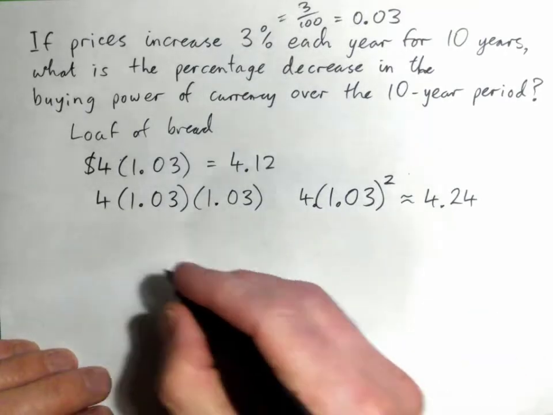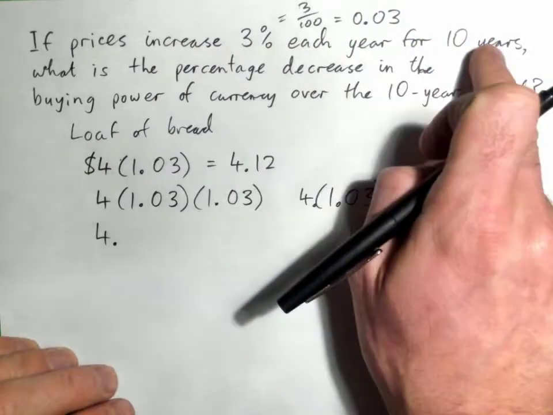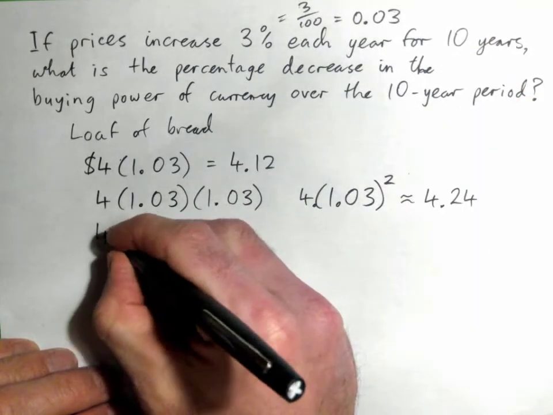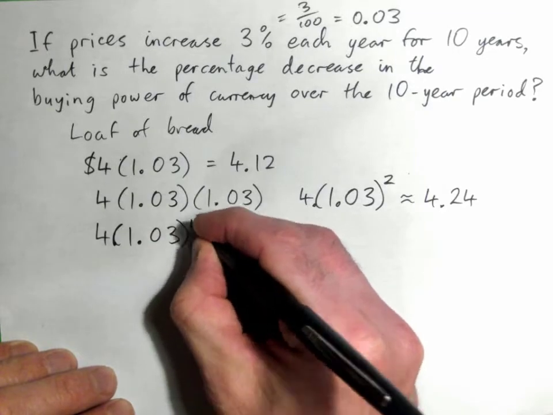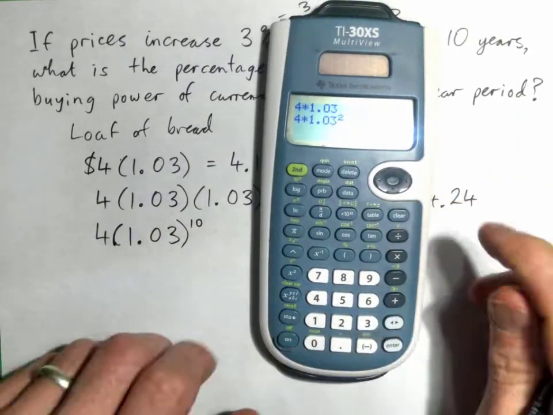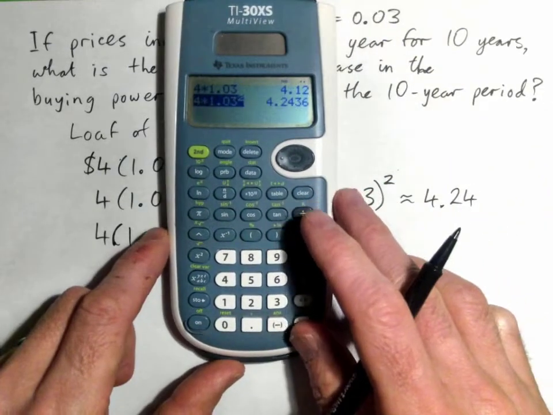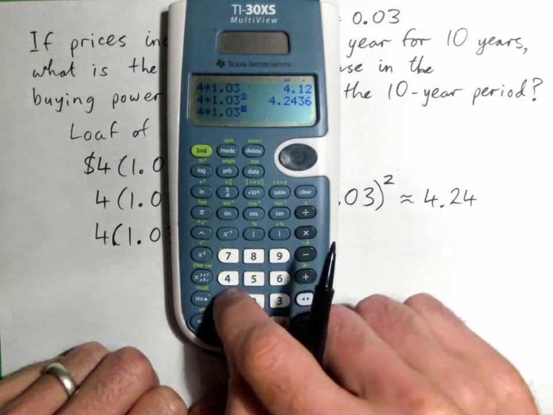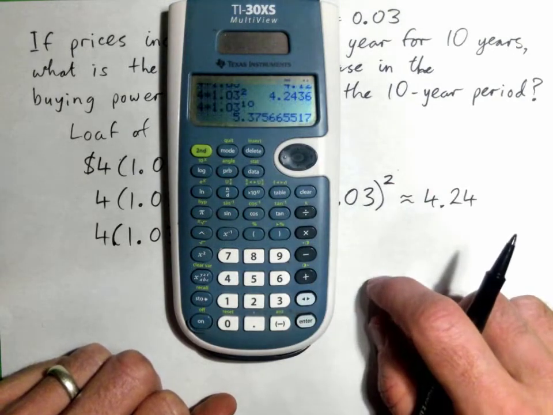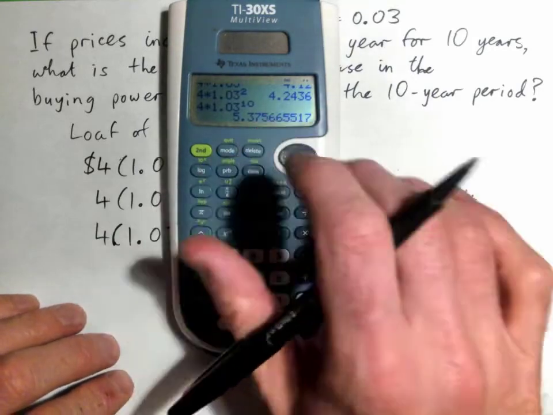And so, let's see. After 10 years, though, I could get that much. So the price after 10 years, I could go 4 times 1.03 to the power of 10, right? So I'm just going to do my up arrow here. I'm going to grab that guy, press enter, and I'm going to change the exponent to 10, press enter. 5.37 around, or 5.38 if I round up.